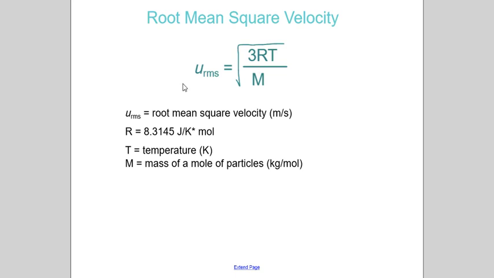So it's equal to the square root of 3 times the gas constant, which is the joules version, times T, which is in Kelvin, divided by the mass of a mole of particles. So the mass of 1 mole of those particles in kilograms per mole.